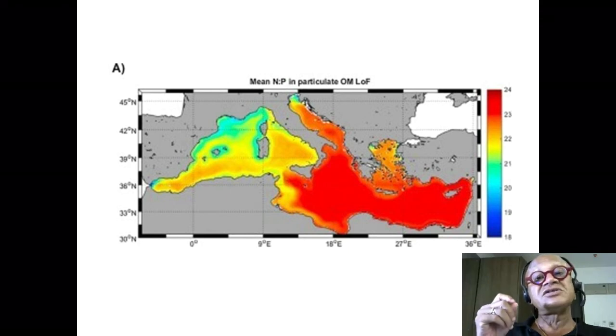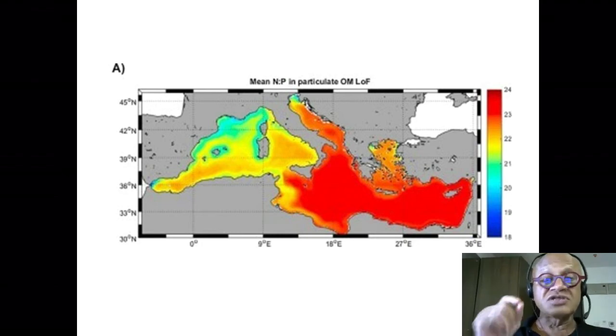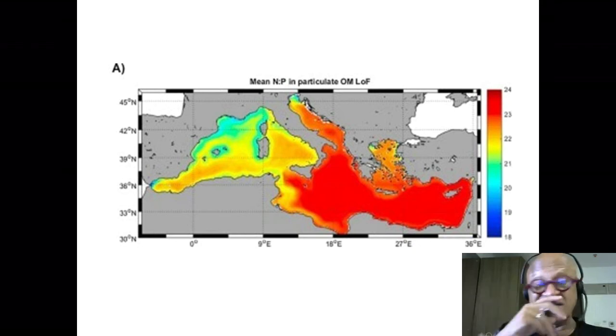The species, size classes of species, remember diatoms, Prochlorococcus, Synechococcus, picoplankton, nanoplankton, there are different sizes involved.